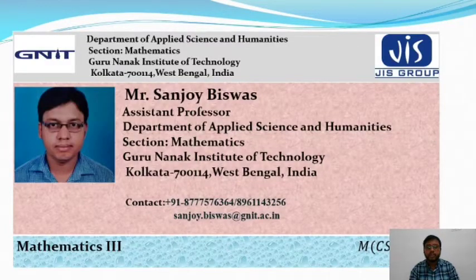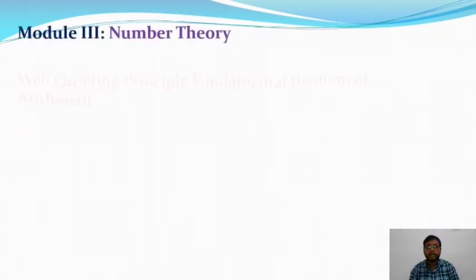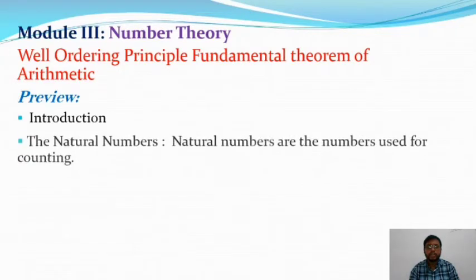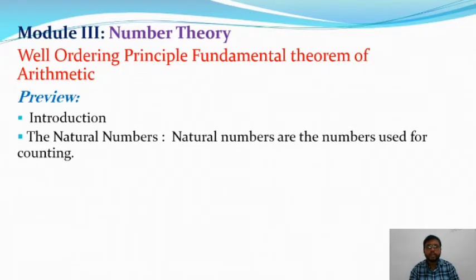Before we start today's lecture, let's quickly recall the last lecture. In the last lecture we discussed the well ordering principle and the fundamental theorem of arithmetic. We talked about the introduction of the well ordering principle, and after that we discussed the natural numbers: 1, 2, 3, 4 and up to infinity.